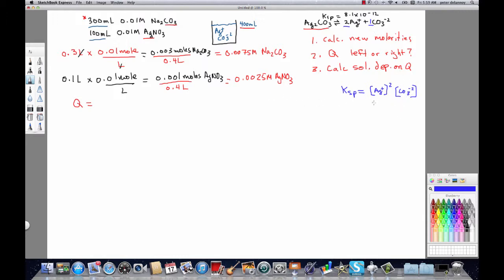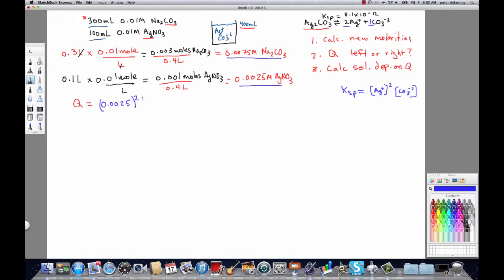All right, so we're now going to calculate a Q value using the same expression, however plugging in these non-equilibrium values, and we're looking for a magnitude number here. We're looking for a number that we can compare to the Ksp value of this reaction, which is 8.1 times 10 to the minus 12th. So the concentration of the silver is 0.0025, and that concentration is going to be squared.